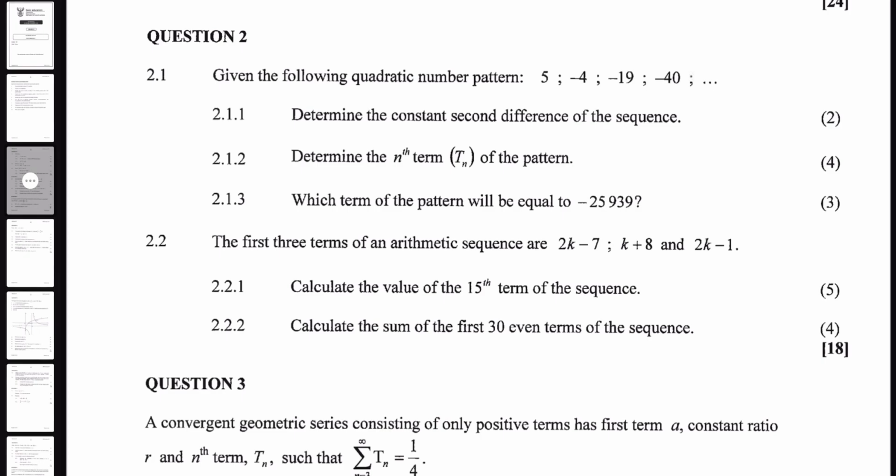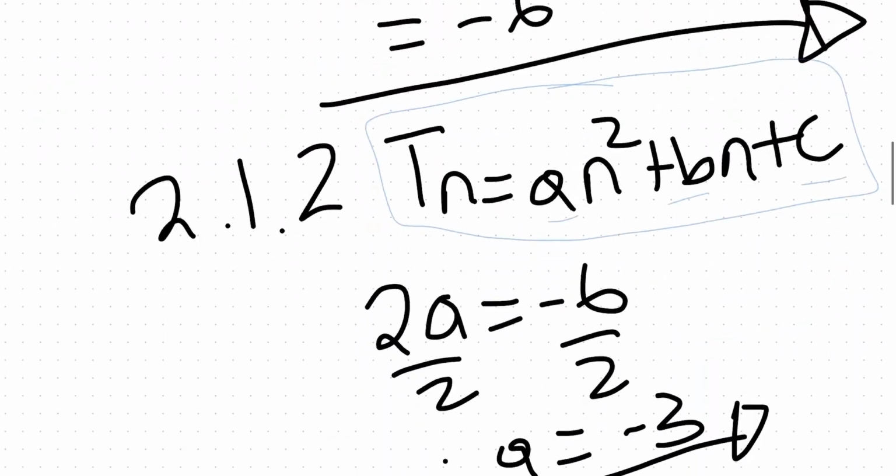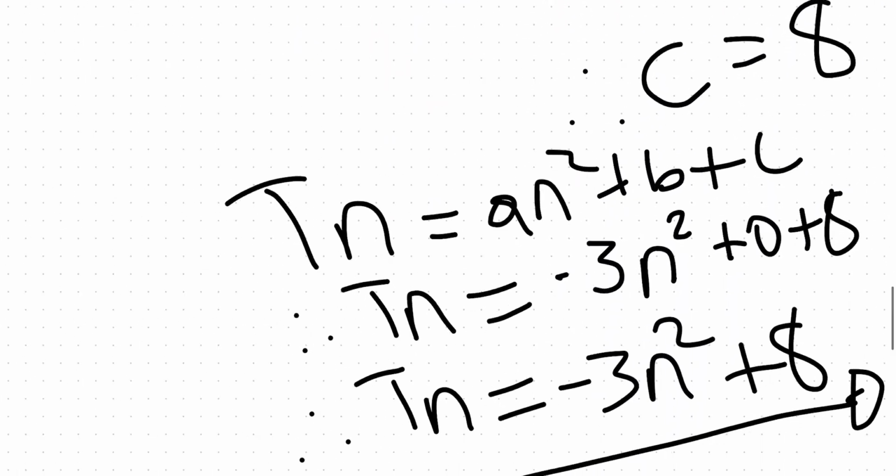They're asking which n, in simple terms, which value of n would you plug into the Tn that you determined above, such that the value of Tn is equivalent to minus 25,339. Okay, it's simple. That's 2.1.3 if I'm not mistaken.